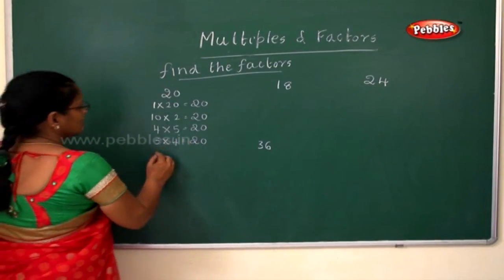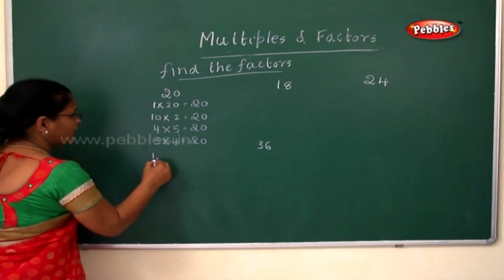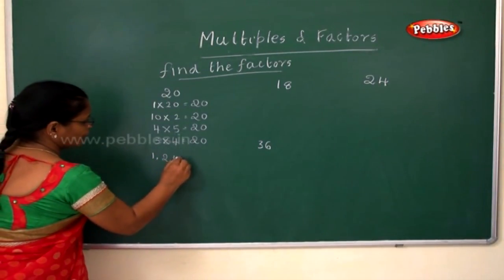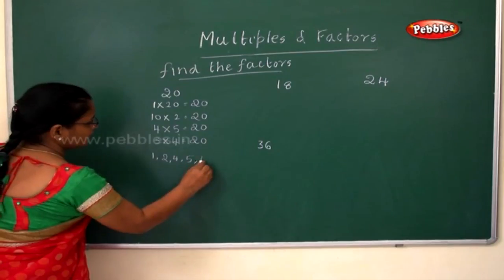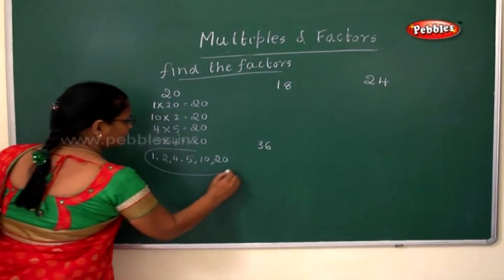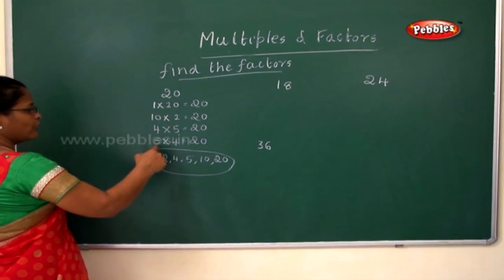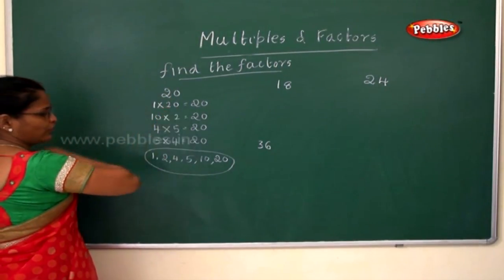So the factors of number 20 are 1, 2, 4, 5, 10 and 20.